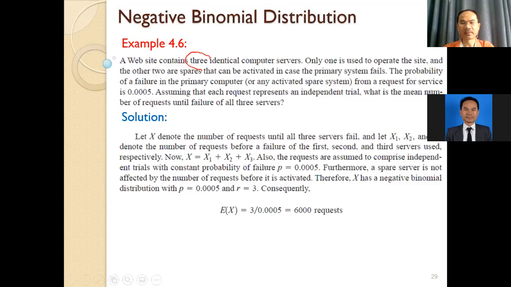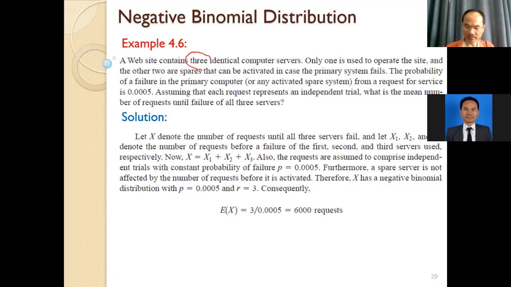The probability of failure of the primary computer is 0.0005. This is the probability of failure for the first one. For this case, assume that each request represents an independent trial, independent event, independent outcome.